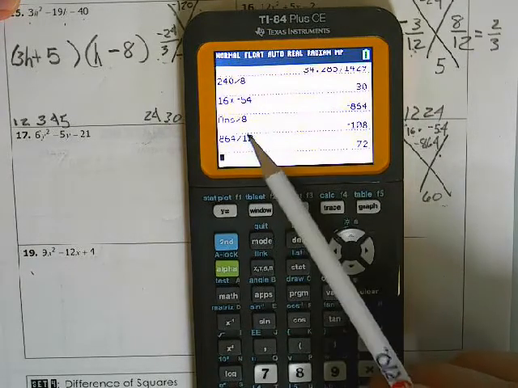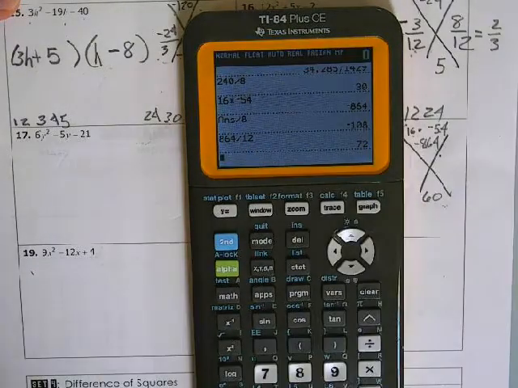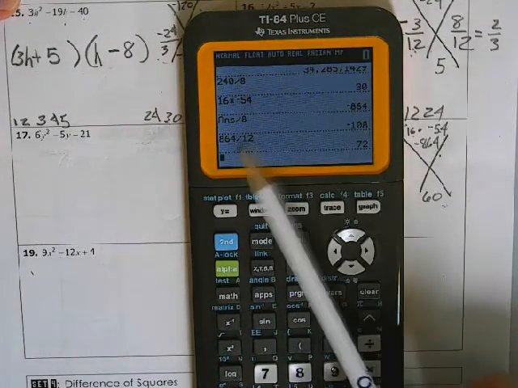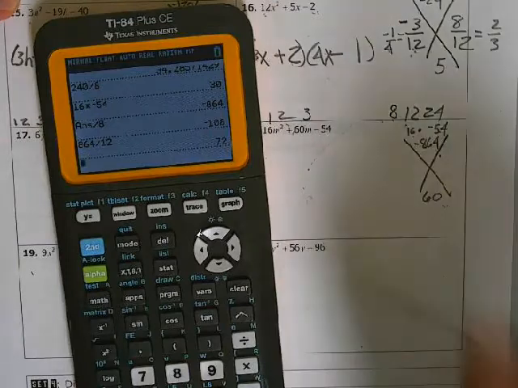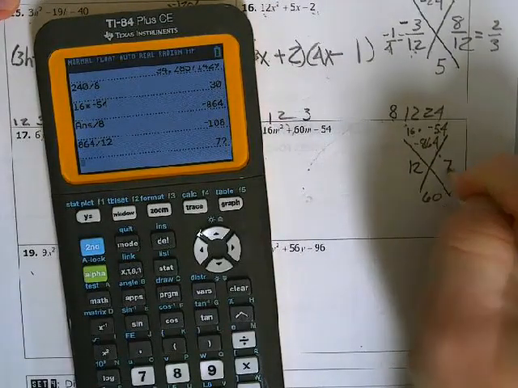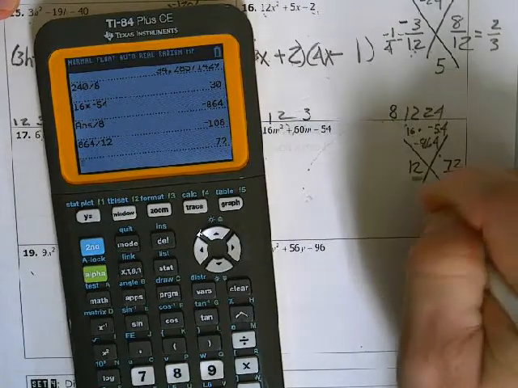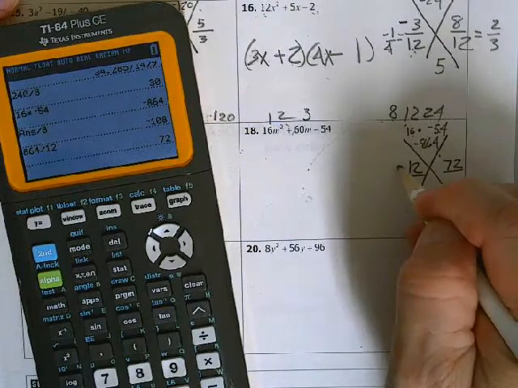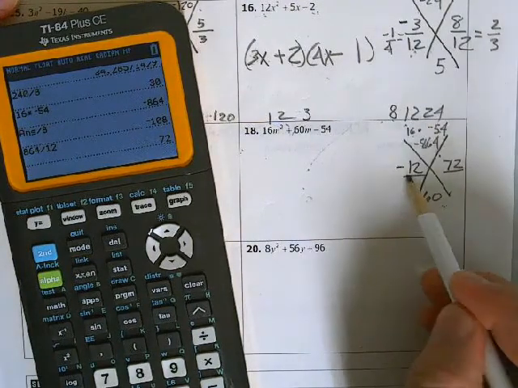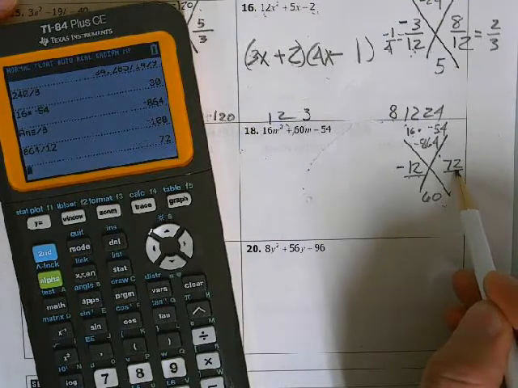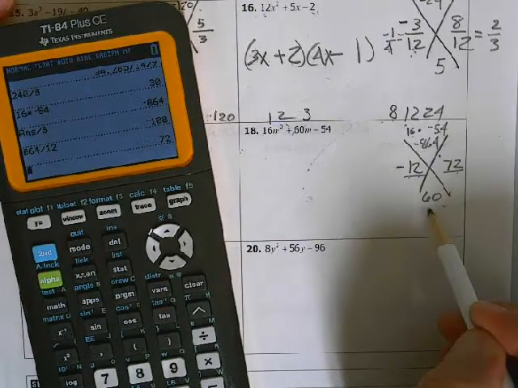So I thought a smaller number, 8, was 108. Didn't work. 12 and 72. 12 and 72 do have a difference of 60. Okay? The negative 12, positive 72 would give me the answer that I'm looking for, 60 here.